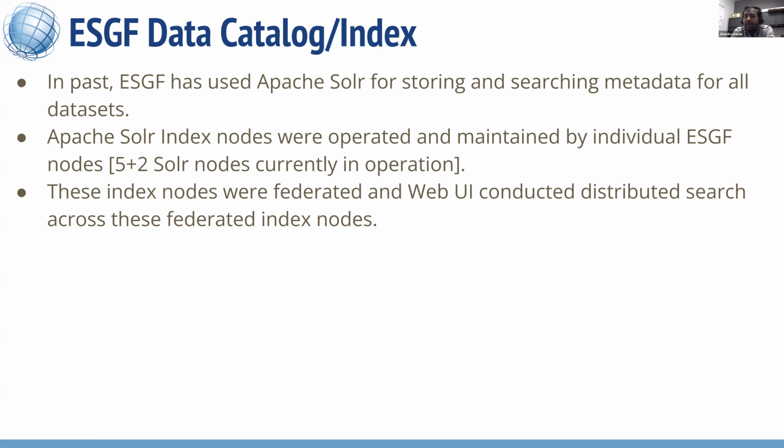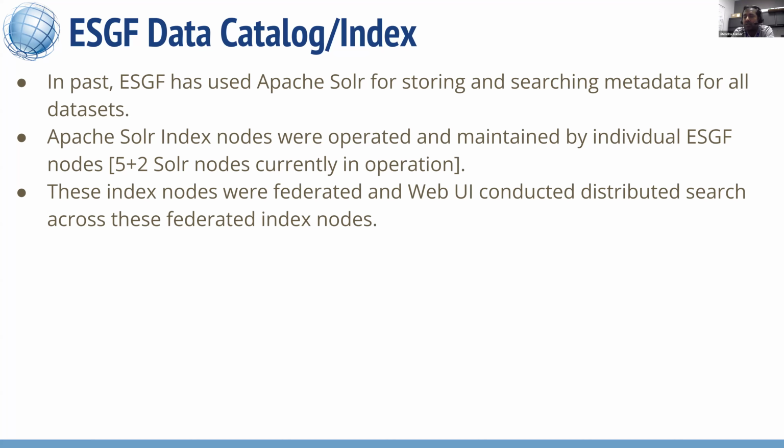And they were a federated set of index nodes, so they were actually talking to each other and trying to stay in sync. But over time, it has become harder and harder to actually maintain those nodes. And as of now, there are 7 Solr nodes that are operating.